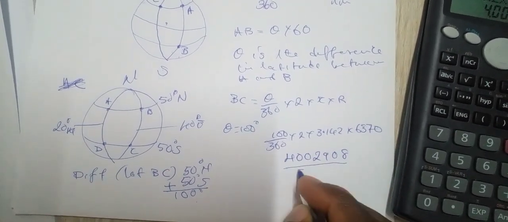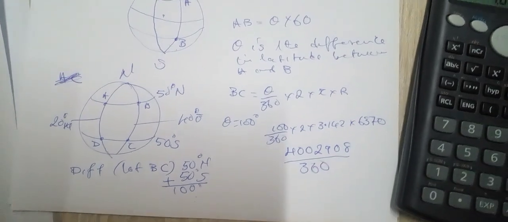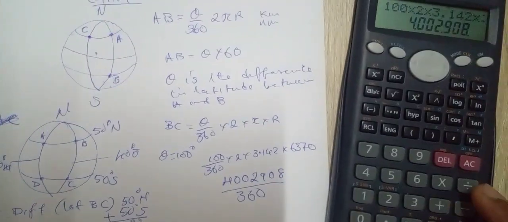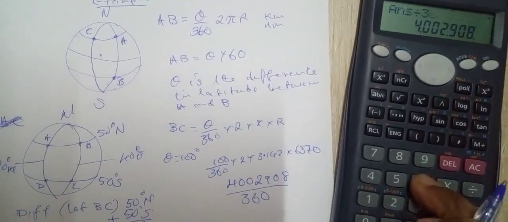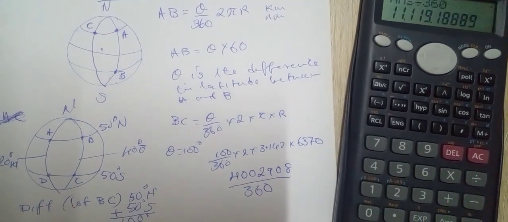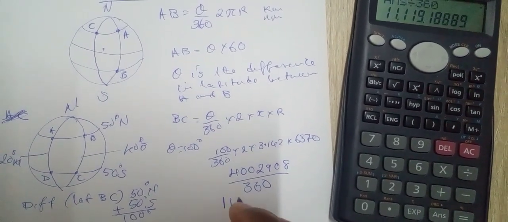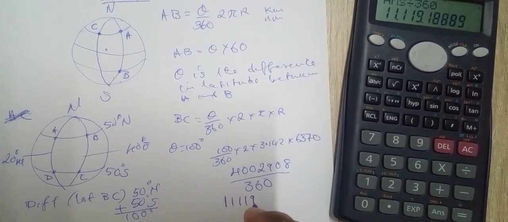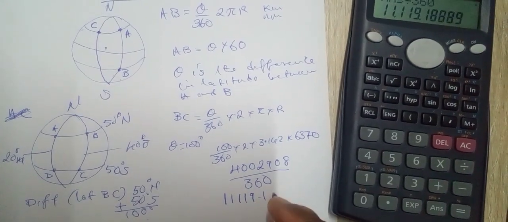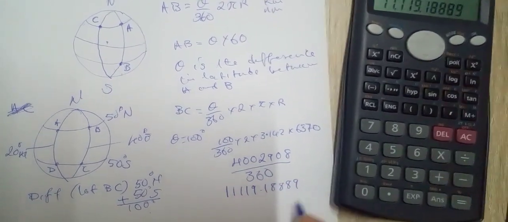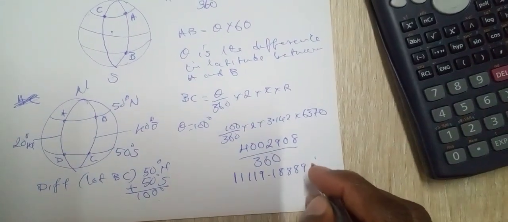Now divide by 360, and you have your answer: 11119.188889. Now this answer is in kilometers.